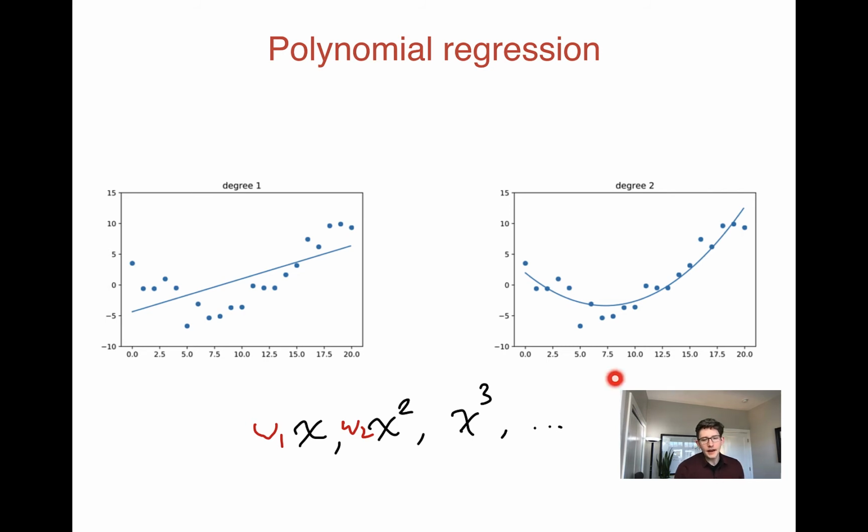If we add x squared as one of our features, now we're doing degree 2 polynomial, because we have features up to x squared, x to the second power, and we can get this nice degree 2 polynomial fit. So polynomial regression, again, is a very powerful 1D regression method.